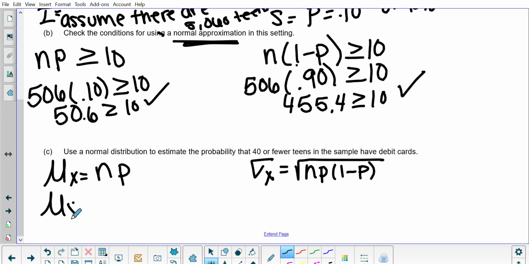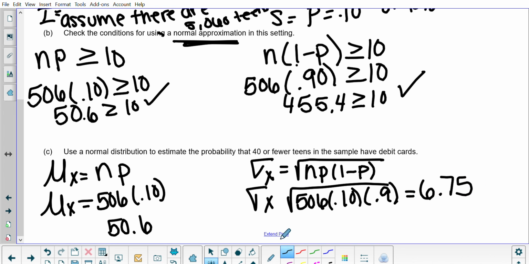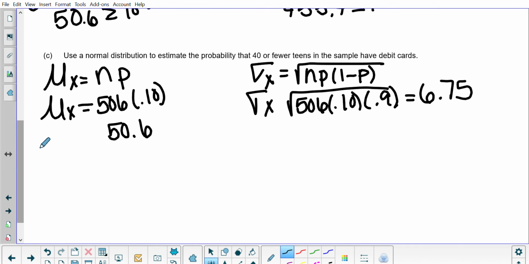So my mean is going to be 506 times 0.10, which I did right here. It's 50.6. And my standard deviation is going to be the square root of 506 times 0.10 times 0.90, which gives us 6.75, and I am rounding, okay? So mine might be a little off if you guys didn't round. And then I'm going to use normal CDF.